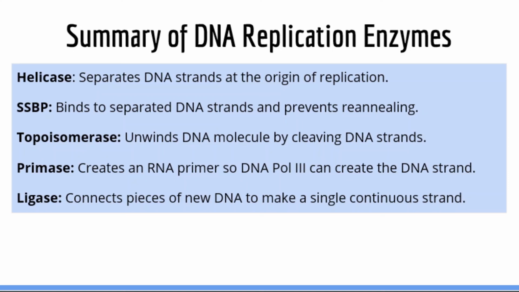Topoisomerase unwinds the DNA molecule by cleaving DNA strands in order to remove coiling or twisting. Primase creates an RNA primer so the DNA polymerase type III can create the DNA strand. Ligase connects the pieces of DNA to make a single continuous strand at the end of DNA replication.